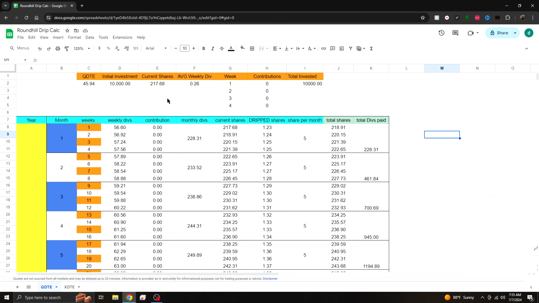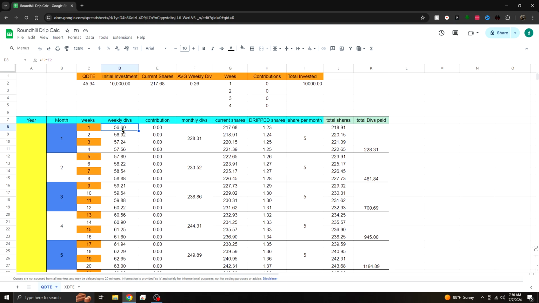So let's just run through the first few weeks just to show you what's going on. All right, so based on $10,000, you can get 217 shares, and at 217 shares at 26 cents per dividend per share, it's going to get you a weekly dividend of $56 to start.